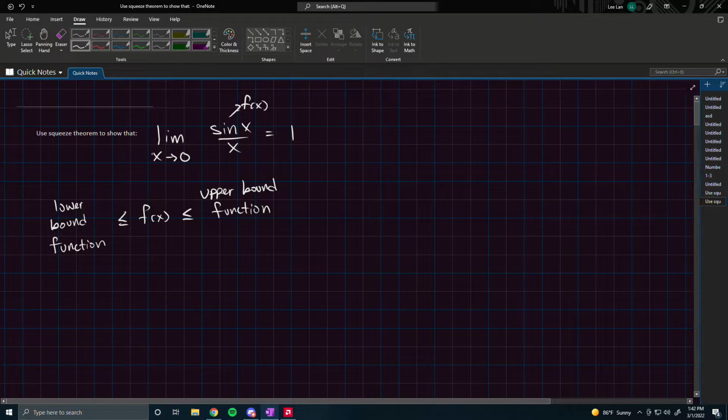And if you can show that the limit as x approaches 0 of the lower bound function, and we also apply that limit to the upper bound function, we can say that the limit as x approaches 0 of the middle function should be between or equal to these two numbers. So that's the idea behind the squeeze theorem.